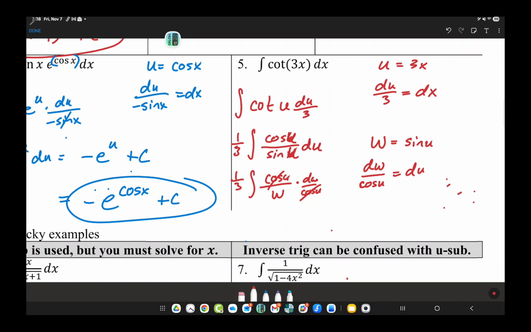We went over this yesterday, so it's not fresh in your mind. It is the natural log. So we have 1/3 the natural log of the absolute value of w. But what is w? Sine u. But what is u? 3x plus c.